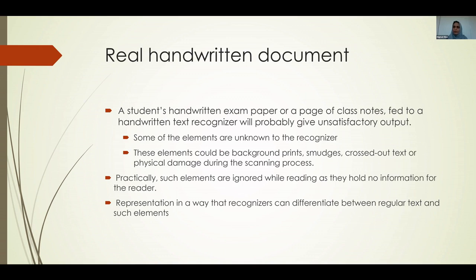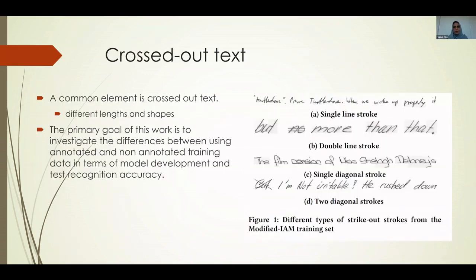Practically, when we see these sort of elements, we ignore them while reading because they hold no information for the readers. So we have to represent all these different elements in a way that the recognizer can differentiate between regular text and non-regular text.